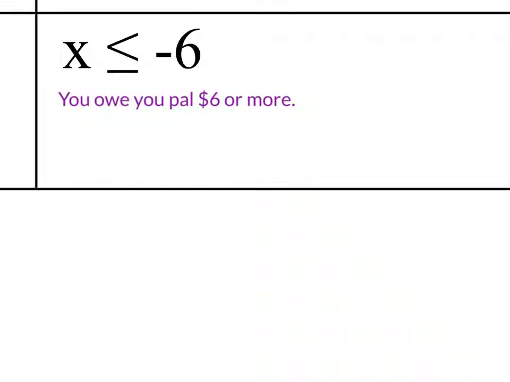Now, why is it more? Because this one is saying that we have more and more negatives. So you could say at least $6 as well. Either one of those would work.